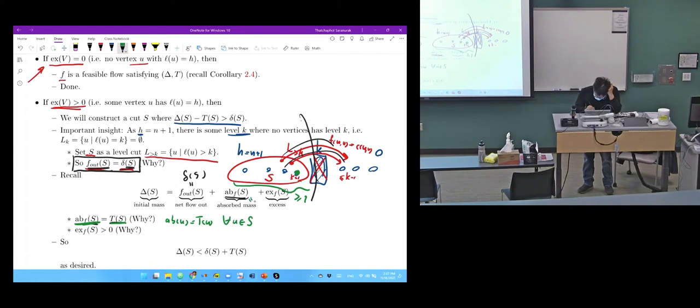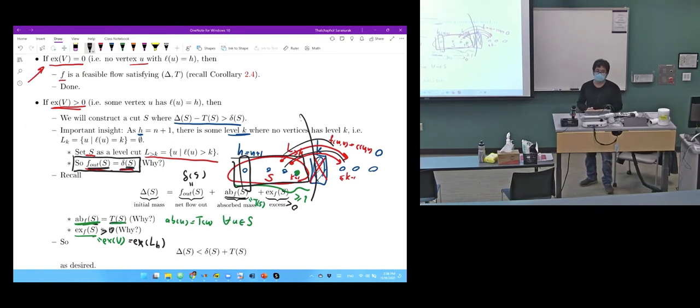So this is T of S, and the total excess in S, we actually know that this is exactly the total excess for the whole graph. Why? Because the excess can only be in the top level, and S actually contains this top level. So all the excess is at the top level, and this is more than 0.